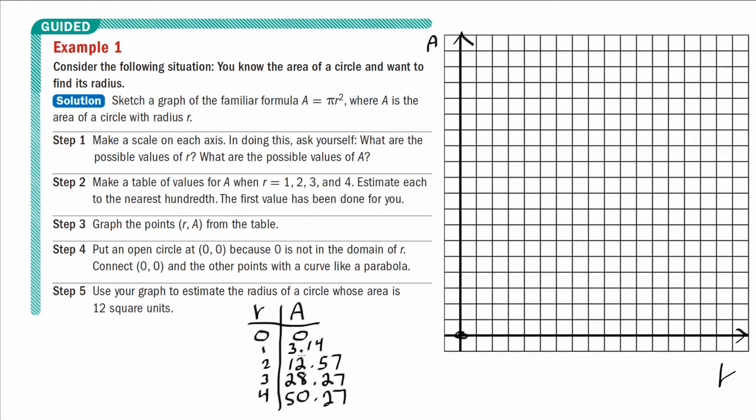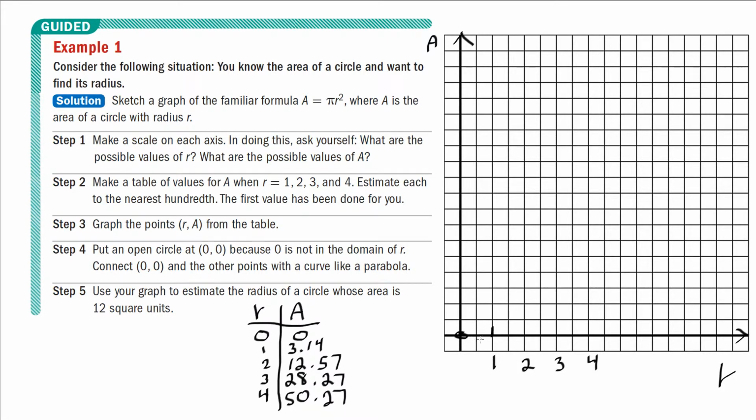Now I'd like to go ahead and do a graph of these. So make a table and then graph the points from the table. Remember, 0 is not a possible value. I'm going up to 50, so I probably want an a scale that is different from the r scale. In the r scale, I think I'm going to go with 1, 2, 3, 4. I'll give myself a little bit of room.